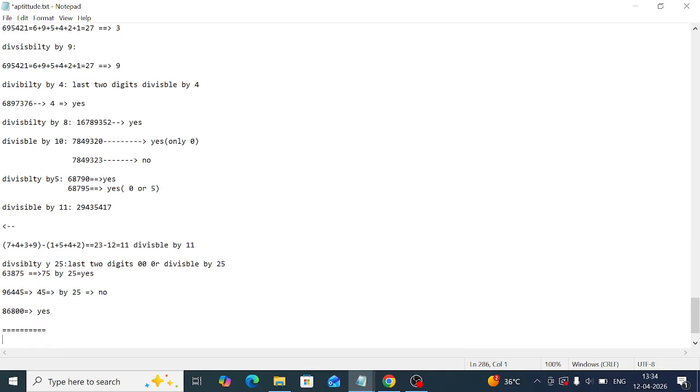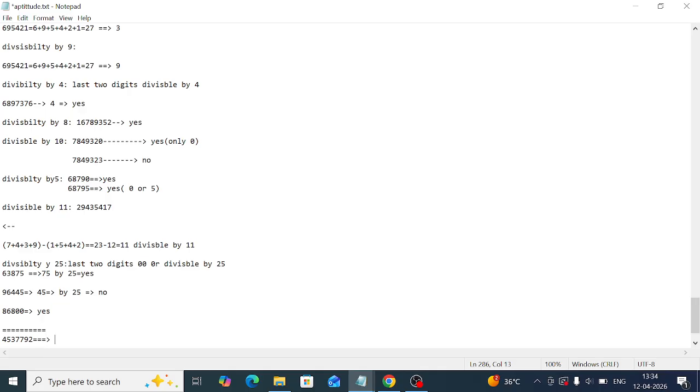Next, divisibility by 7 or 13. When you say a number is divisible by 7 or 13, tell me. Divide the number into groups. See, 4537792. 792 is the number.